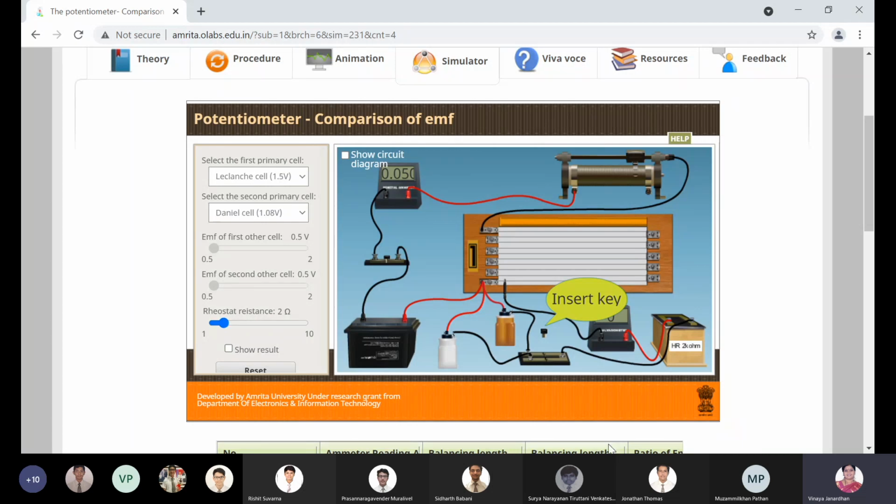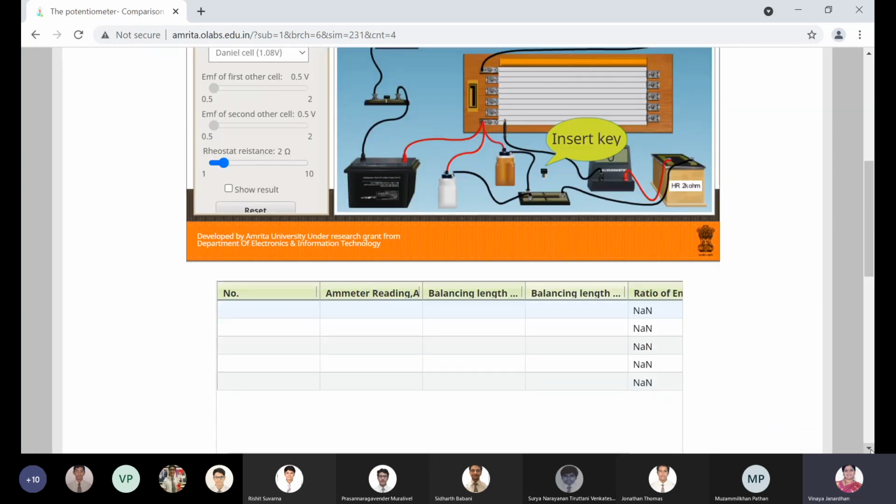So your tabular column, boys, can you draw a tabular column now? Serial number, ammeter reading, balancing length L1. The first is ammeter reading in amperes, second one is balancing length L1. The third column is balancing length L2.